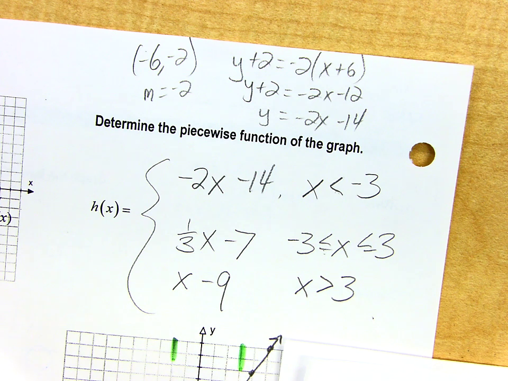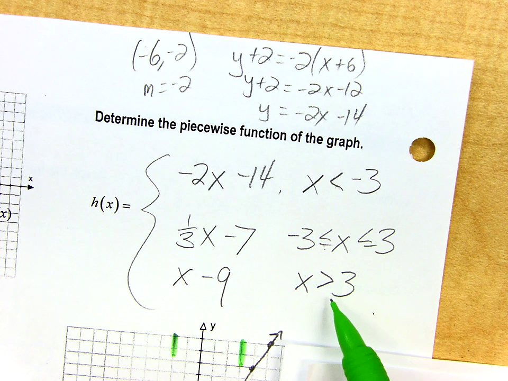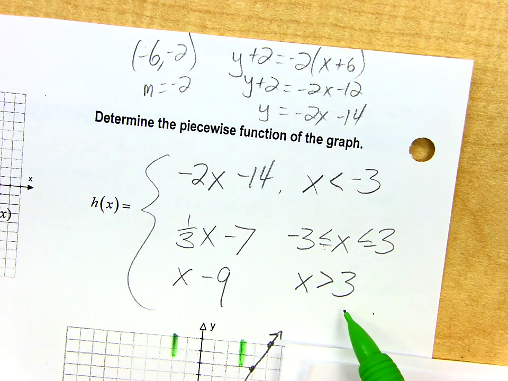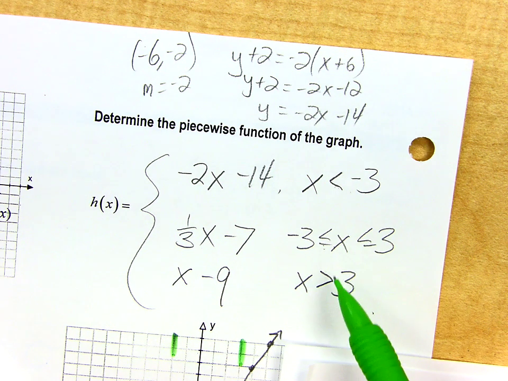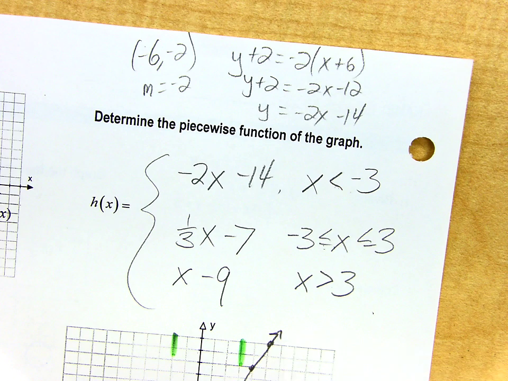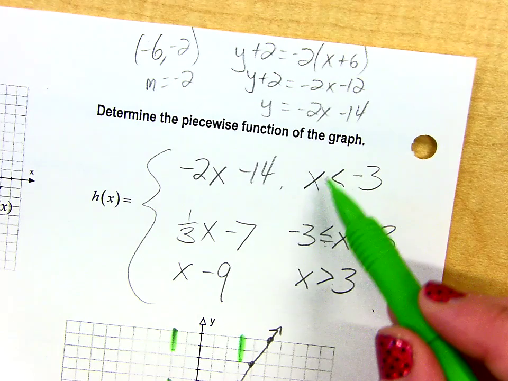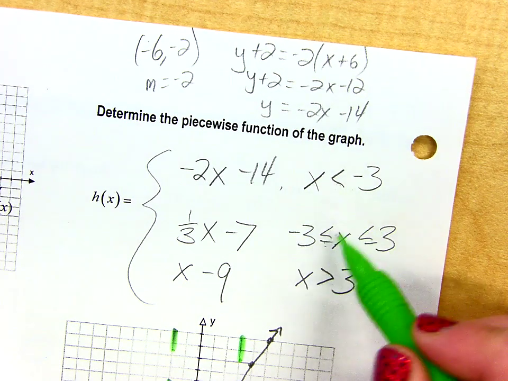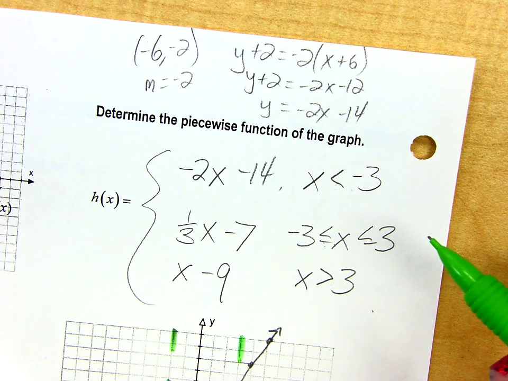So, remember the other day we talked about how in my boundaries here, I don't want to have any overlaps. So, when I want to plug in a value, I should only have one of these where it works. Right? So just double check that on yours. You might have the bars in different places than I do, and that's okay.